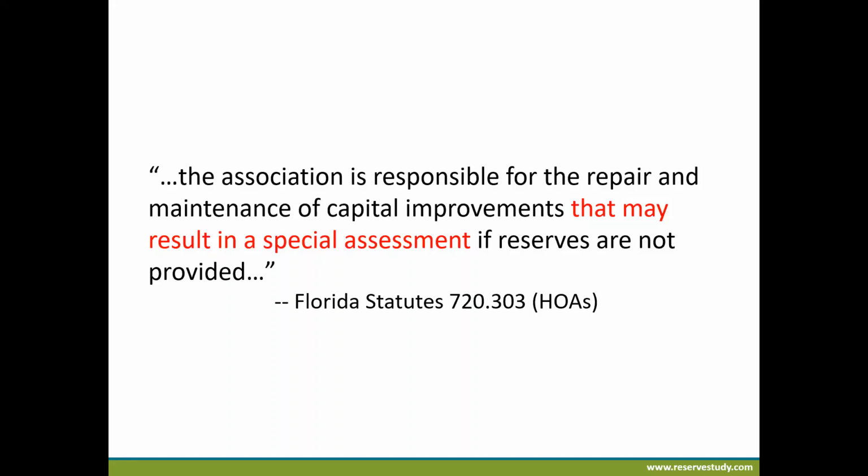Instead, all it pretty much says is that, look, there are certain things that associations are responsible for, and if you don't have reserves, then that could result in a special assessment. So really not a very helpful guideline there. But the good news is that there is actually a much more realistic, much more thorough way to go about defining what any association should be considering in its reserve plans. We'll talk about that in just a little bit.